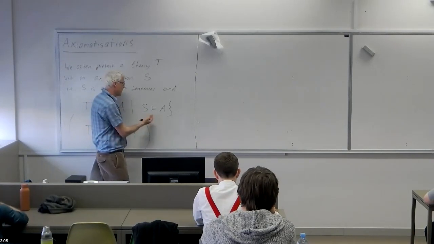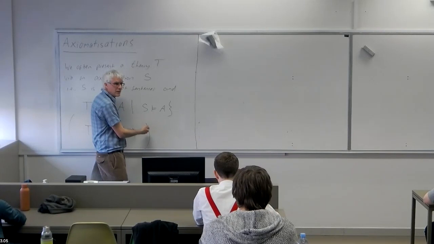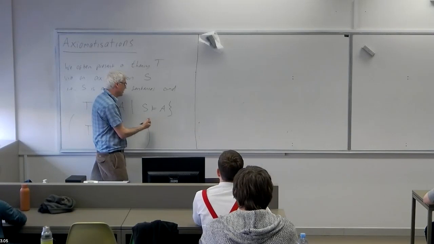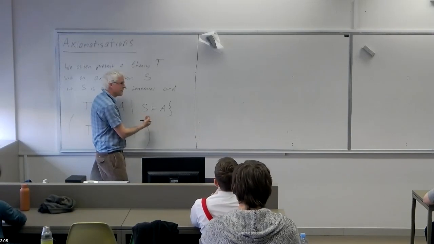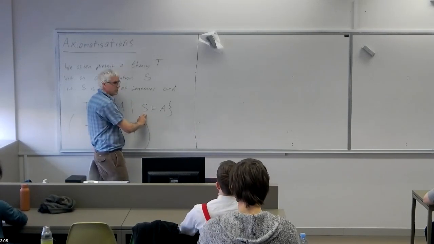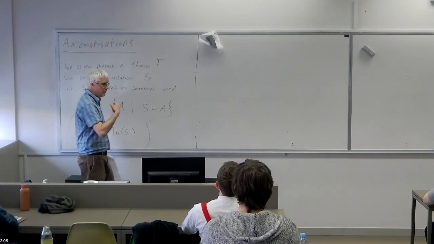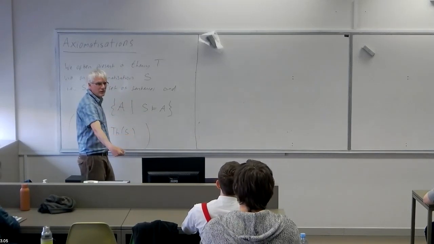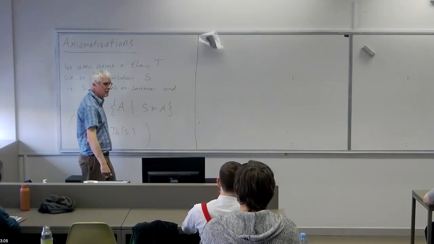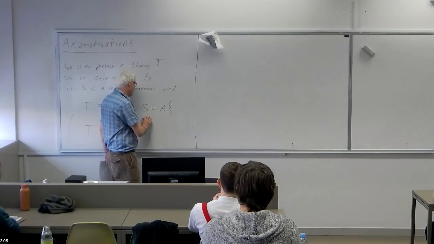So decidability is like we can recognize axioms and non-axioms, or a weaker property would be a semi-decidable set of axioms, where we can recognize the axioms, but we can't recognize the non-axioms. But on the other hand, if we've got a semi-decidable set of axioms, we can enumerate them all in a list. We can find a computer program that will list the axioms one by one, even though there are infinitely many, and it will eventually list every axiom. So these are the kind of considerations you want to consider about axioms.